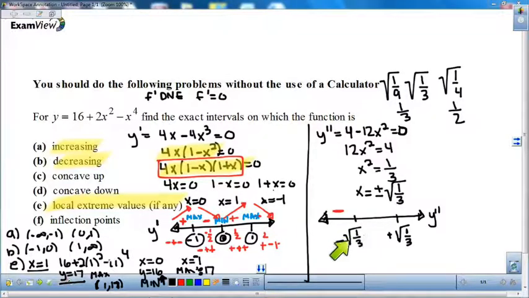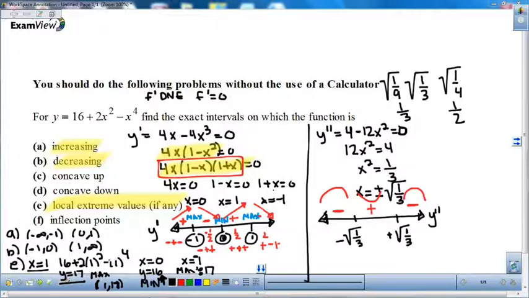For a number between negative square root of 1/3 and positive square root of 1/3, I'm going to check 0. 4 minus 0 is positive. And I'm going to check 1. 4 minus 12 is negative. So that tells me my graph is concave down, concave up, concave down.